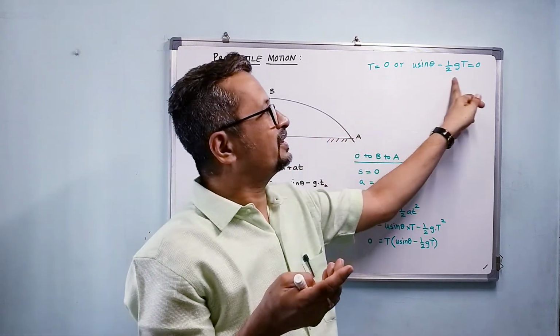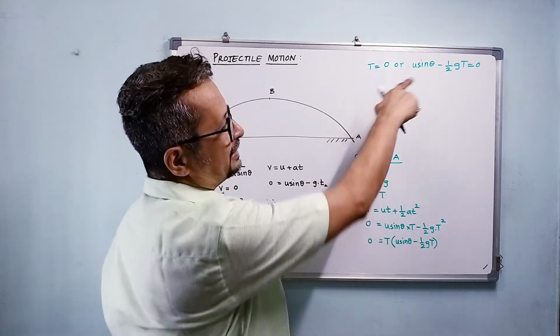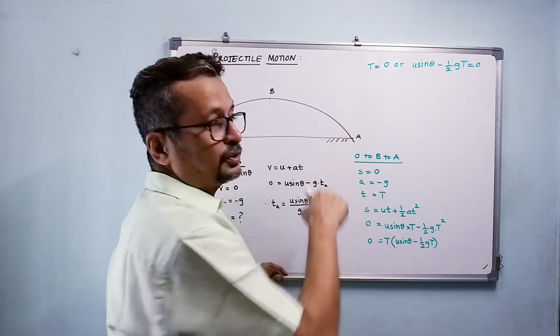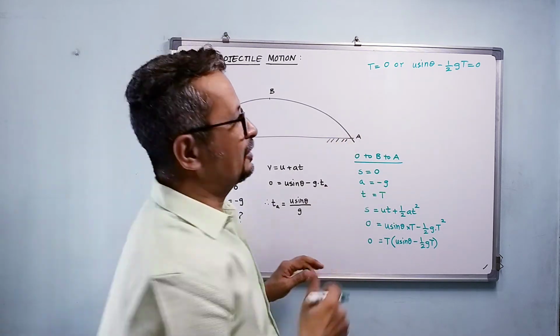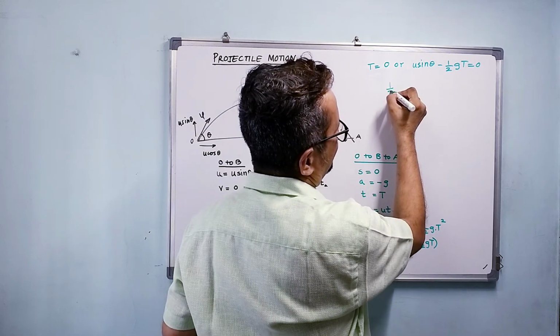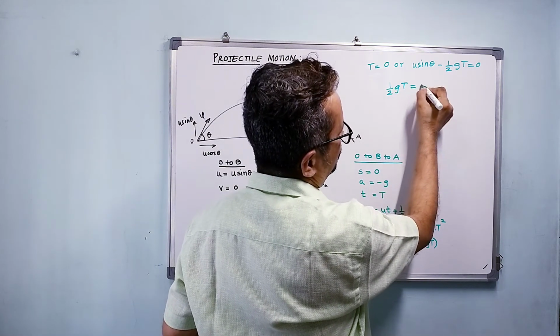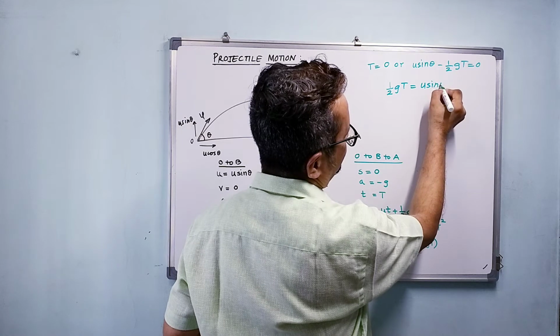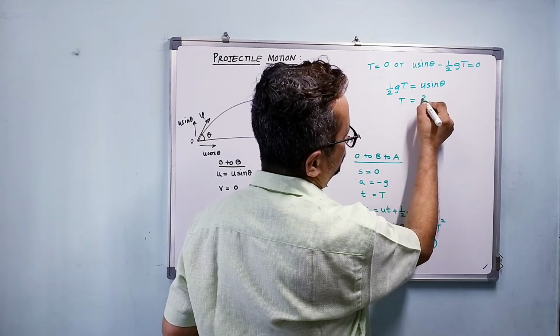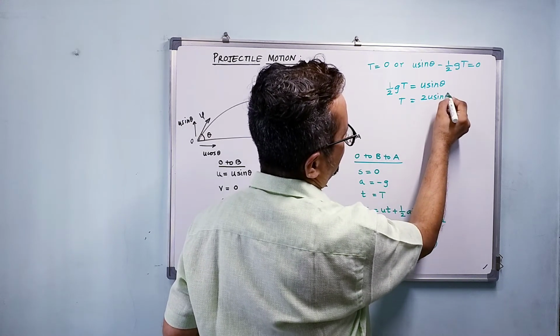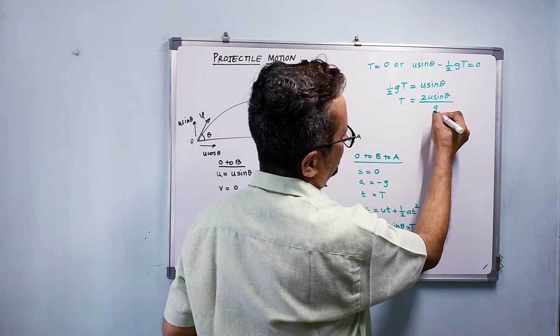Let us go for this, and then that would tell you this position, that is point A there. Okay, so half gt is equal to u sine theta, so t is equal to 2u sine theta upon g, correct.